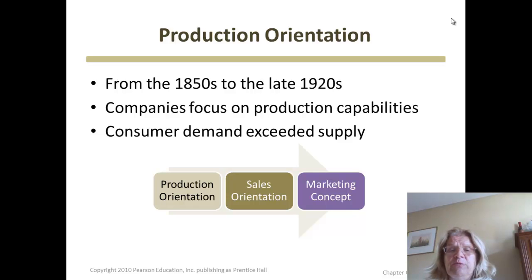Because the demand was higher than the supply, consumers were quite content to get a product and were not focused on product variation. They were not comparing products. The only question was whether products were available and for what price. This was the time that the control was in the hands of the producers, who said if we make them, they will buy them.